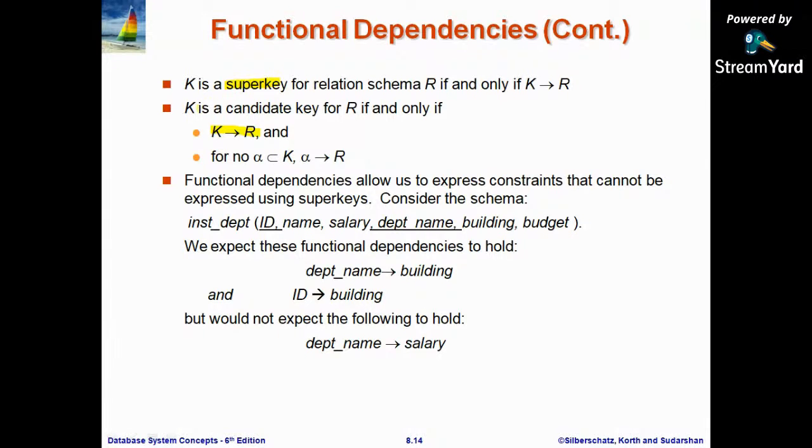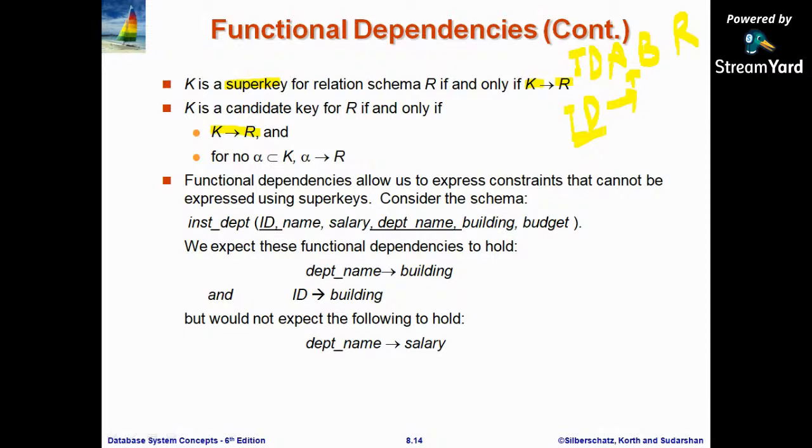K is said to be a super key if K tends to R, where R is all the fields A, B, C. So if your table has three fields, ID, A, B, and ID tends to IDAB, which is R, holds, then you can say that ID is a super key.